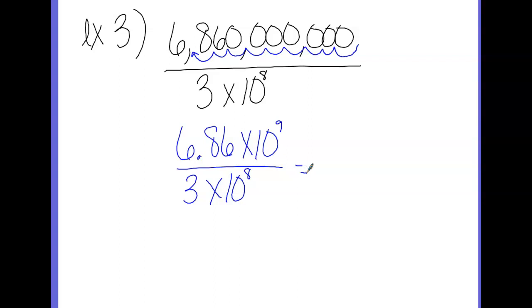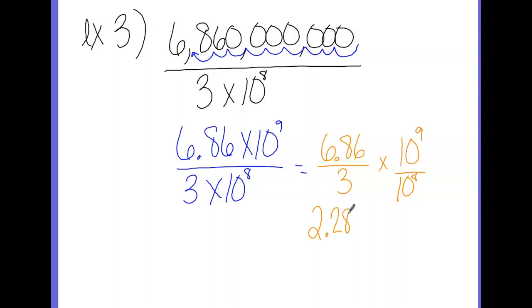What are my like things that I'm going to group? I hear some of you saying it. Good. So my coefficients, and then I group my same bases together, my tens. When I type the coefficients divided by each other, I get 2.286666, and it just keeps going.